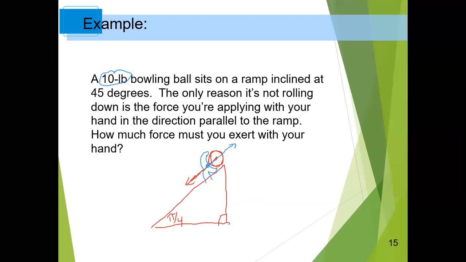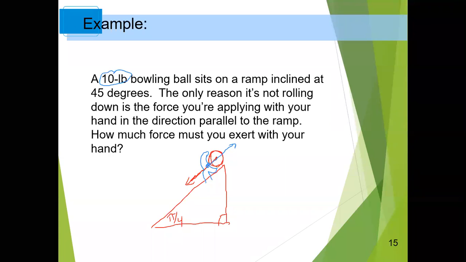The 10 pounds is in a perpendicular direction with respect to the surface of the earth, yes? And the question is, how much force am I having to exert on this ball in order to keep it in place? Does that make sense? Of course, I'm neglecting things like friction. But the question is, how much force am I having to exert on this thing to make sure it doesn't go rolling down that ramp?